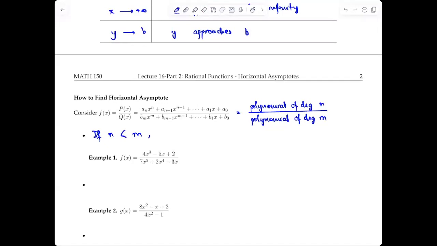If n is less than m, the horizontal asymptote is always y equal to 0. Always, no matter what. If n is less than m, you have the horizontal asymptote to be always y equal to 0.